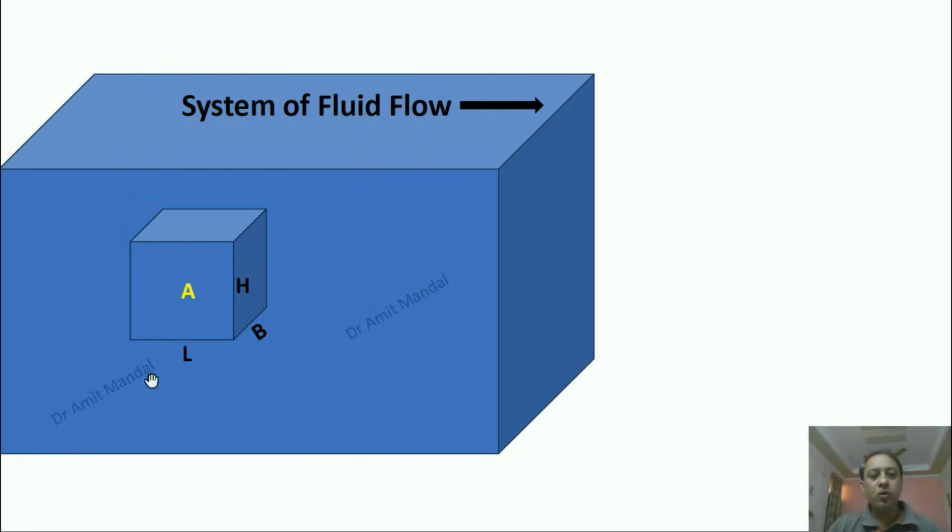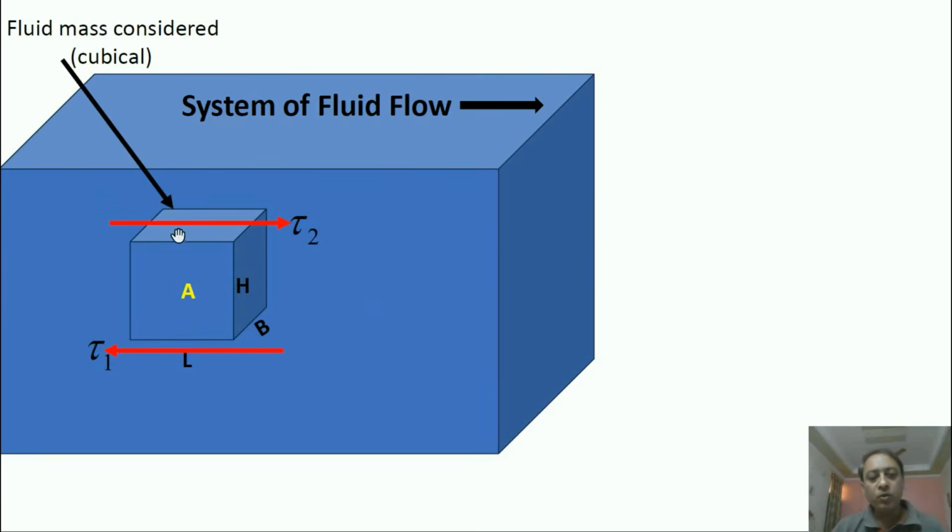Now I have taken this cube system out of that animation. So this is our cube inside some liquid and it is moving in the positive direction of x. Suppose that on the top surface of this cube, the shear stress is tau 2, which is in the positive direction of x, and at the bottom surface, the shear stress is tau 1.